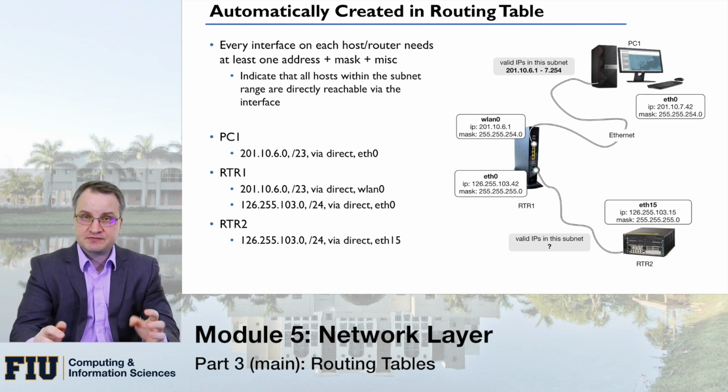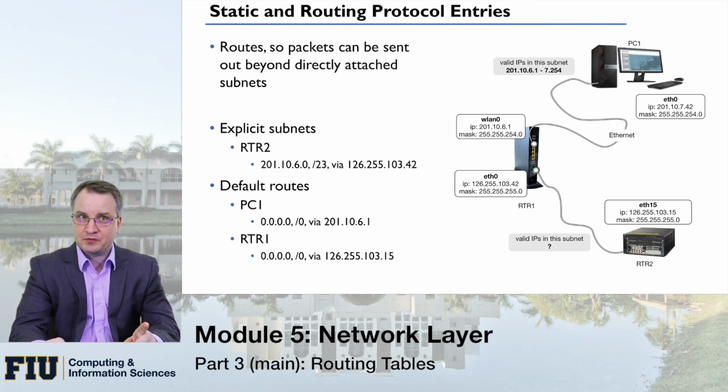That's it. Just remember there is this automatic creation of entries in a routing table. If I ask any questions in homeworks or exams, you should have a very good understanding of this process.